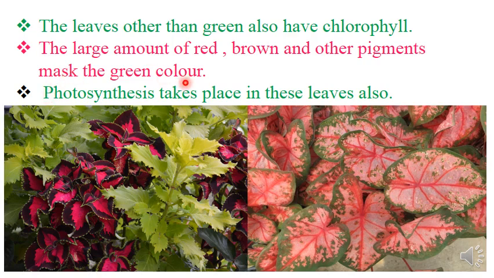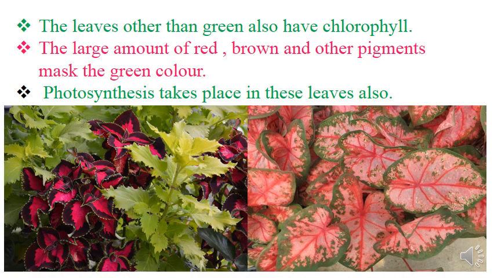A large amount of red, brown and other pigments mask the green color. This colorful pigment masks the green color, which means inside it has chlorophyll. So photosynthesis takes place in these leaves also. So non-green leaves can also prepare the food for themselves.